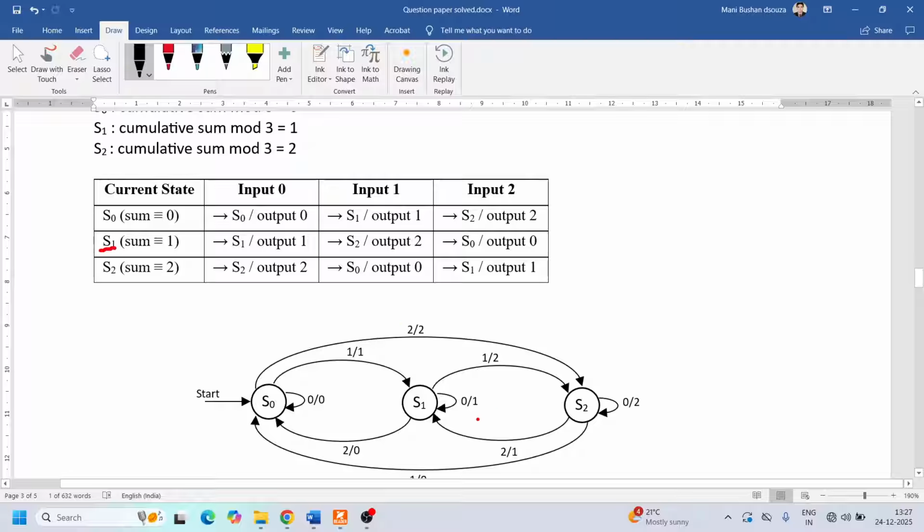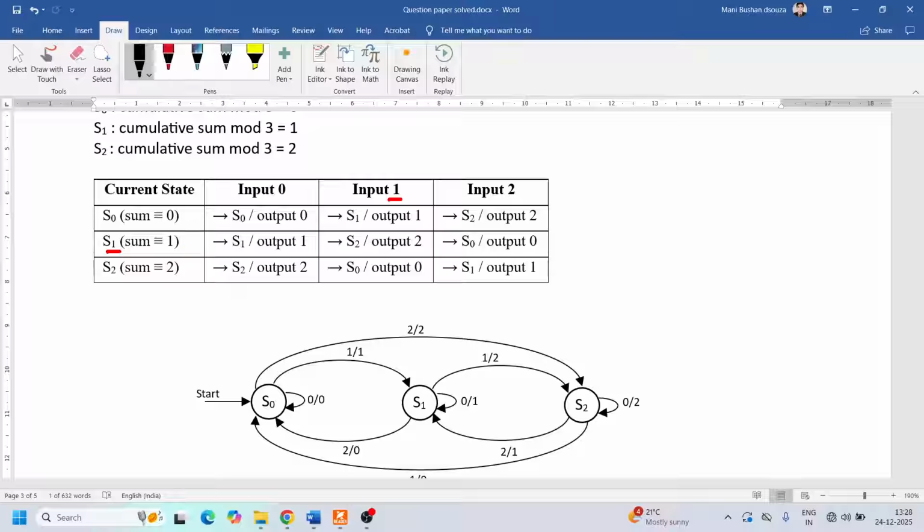Next, let us take the S1 state. For the S1 state, if you give 0 as an input, the output will be the same state S1 itself. Next, we are in the S1 state and we are giving the input as 1.